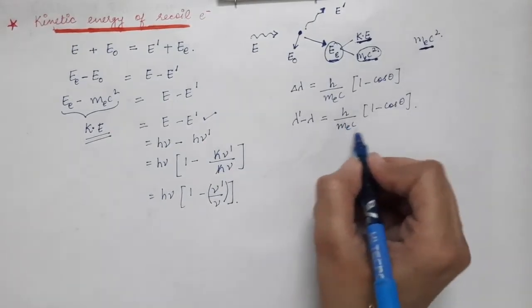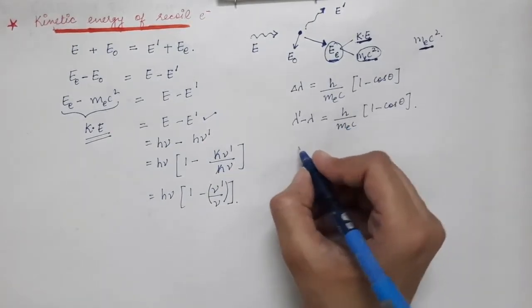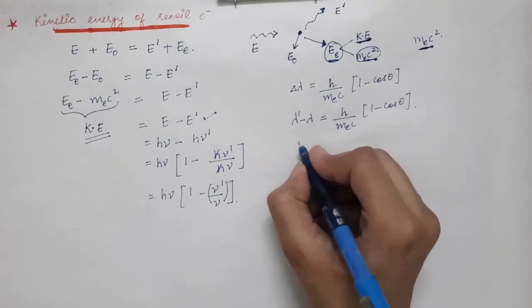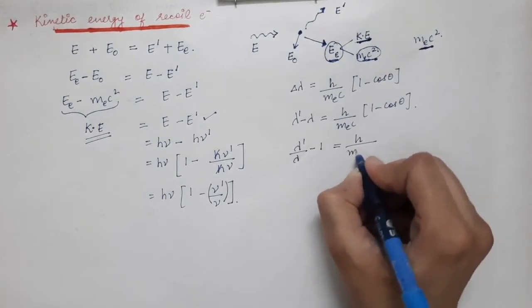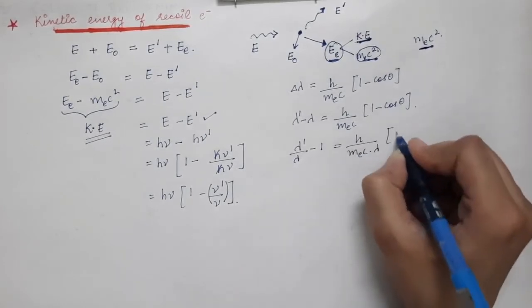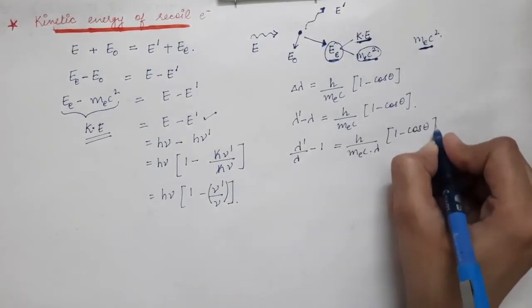And from here we are going to divide this whole equation by lambda, as we have done in the previous article. So that will be lambda prime by lambda minus 1 is equal to h by m_e c lambda into 1 minus cos of theta.